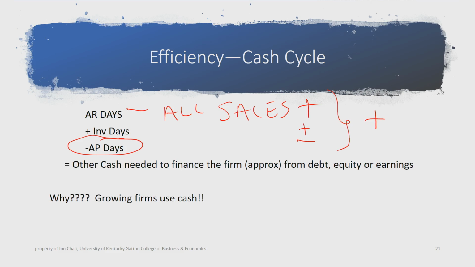When companies stop growing, when they go in reverse, where sales go down, they actually generate cash. But normally growing companies use cash, and in most of our modeling, because we're focusing on fundamentals, we assume that sales are going to continue to grow for the most part.